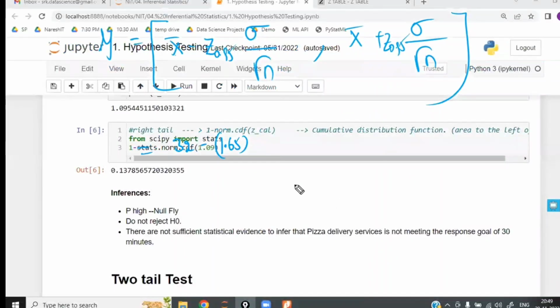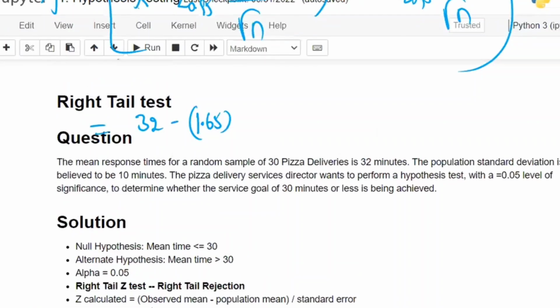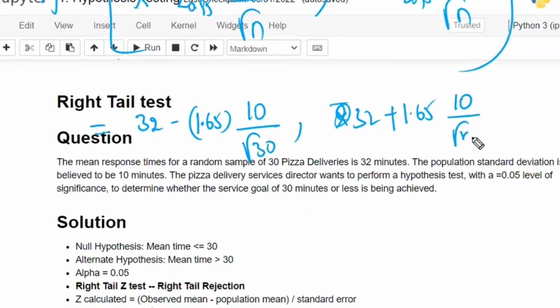What is the sample standard deviation in the given question? 10 minutes. 10 divided by square root of 30. x bar, that is 32, minus or plus 1.65 into 10 divided by square root of 30. Calculate the value. If the value is less than this, it is going to be rejected. If the value is greater than that, it is going to be rejected. In between, it will accept.